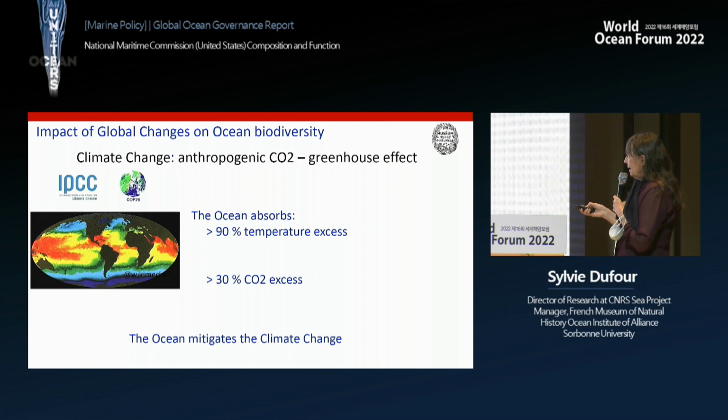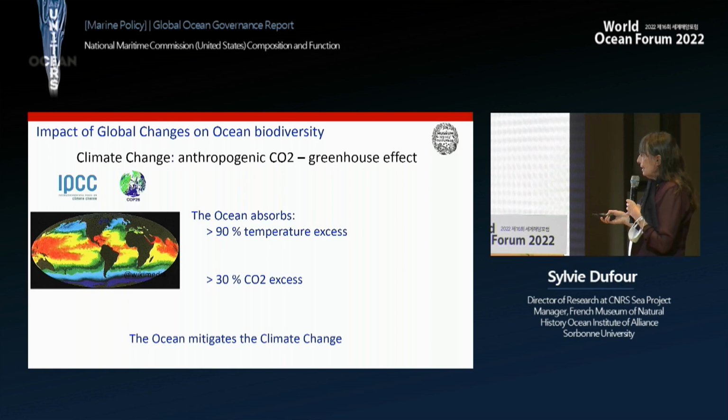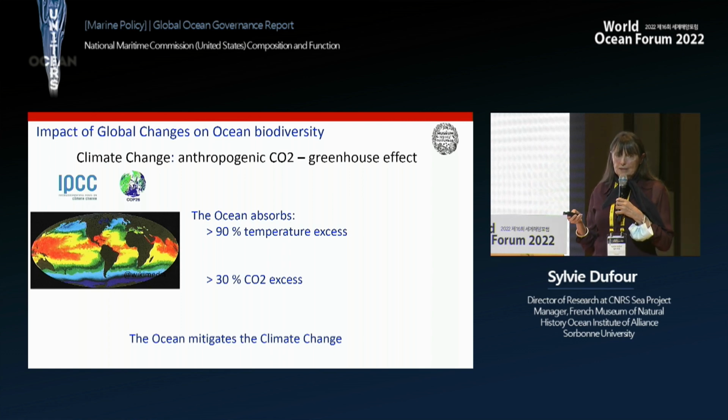And as was mentioned before, recent investigations highlighted by the IPCC and COP26 showed the public and society that today the ocean has absorbed more than 90% of the temperature excess. It has also absorbed more than 30% of the CO2 excess.